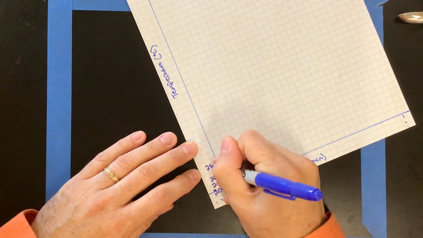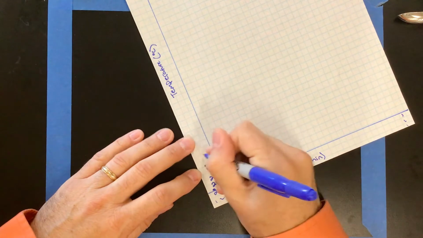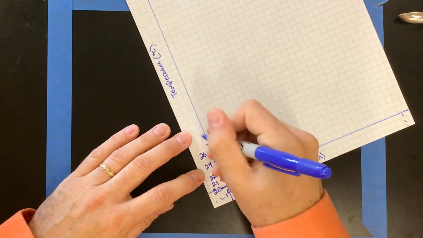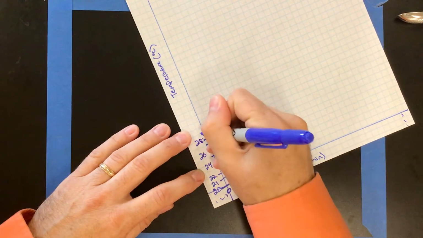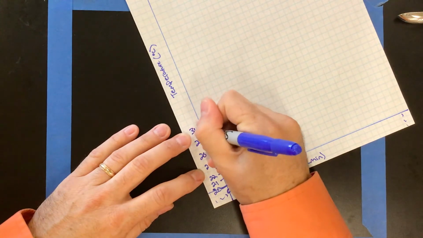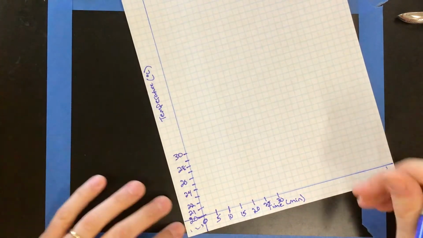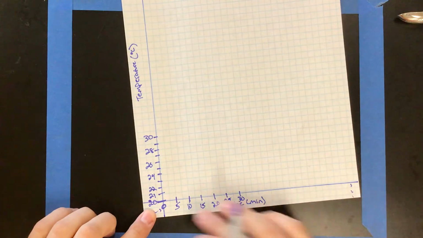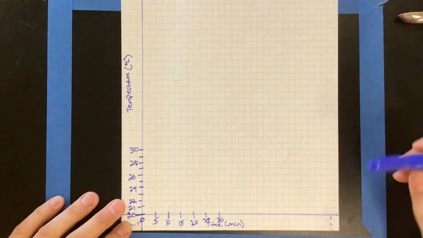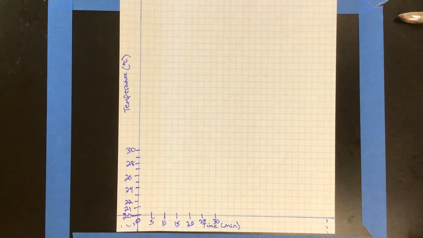So we're going to skip and go 24, 26, 28, and continue on. We want to use as much of this as is possible so we can better be able to see the trend that we are doing. So try to make your graph take up the whole 8.5 by 11 sheet of paper.